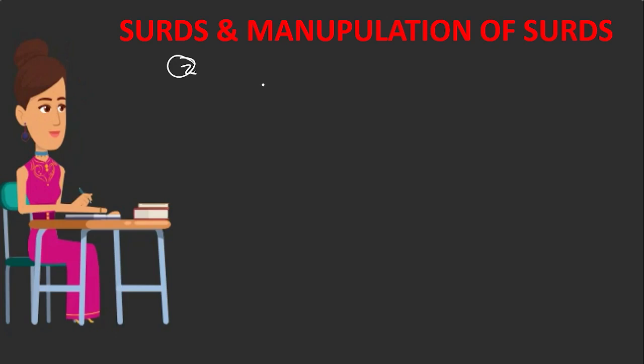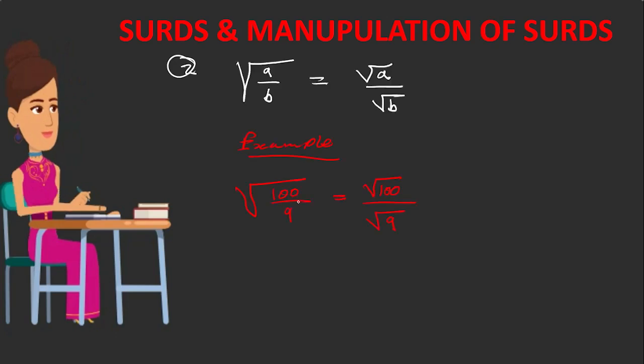You know 9 into 100 gives us a decimal, but this can be worked on whereby you say the square root of 100 over the square root of 9. Using this rule, you can manipulate that one. After you manipulate, the square root of 100 is 10, and the square root of 9 is simply 3. So this is how easily you can work out using that rule.